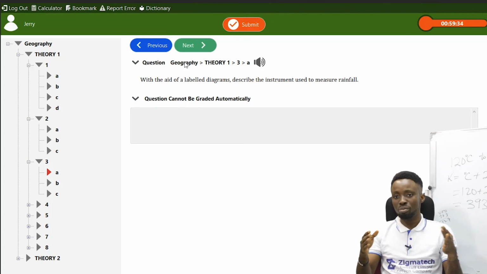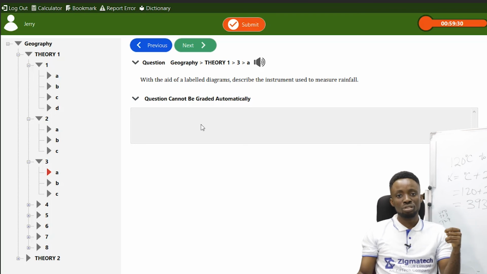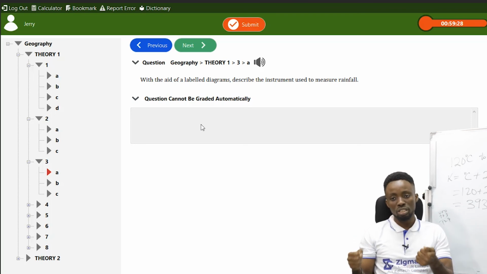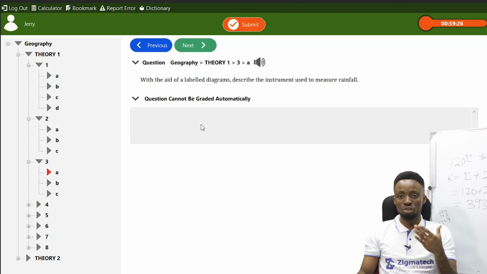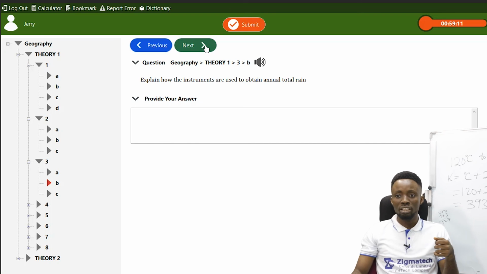So, all they simply need you to do is that in this space given, you should draw the rain gauge. So they want you to draw an accurate diagram of the rain gauge showing the inner cylinder and the outer cylinder with the measuring funnel and the dimensions and how you can place it in the ground and take your accurate measurement.